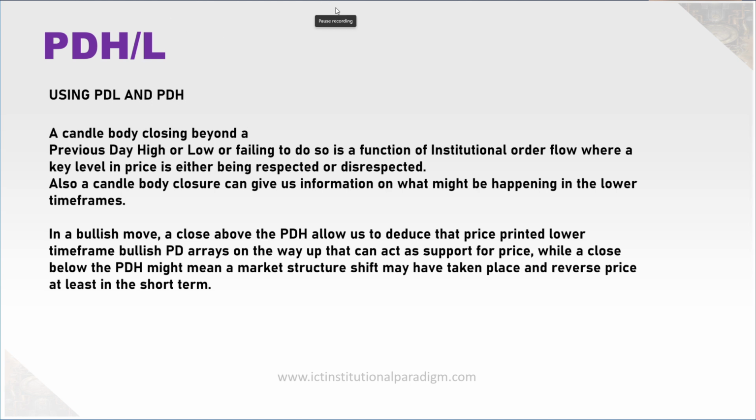So if we are closing above any previous daily high, we are most likely to go on to create another previous daily high. We would be going off only in bullish moves, right? And if the body closes below the previous daily low, it means we are going directly into sell side momentum, right?